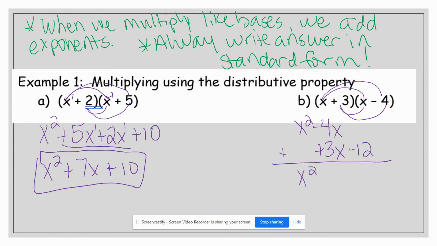Bring down our x squared. Negative 4x plus 3x is negative 1x. And bring down that minus 12. Second power, first power, constant. This is in standard form. And it's just a different way to go ahead and write our multiplication out when we have our terms, so we combine like terms.